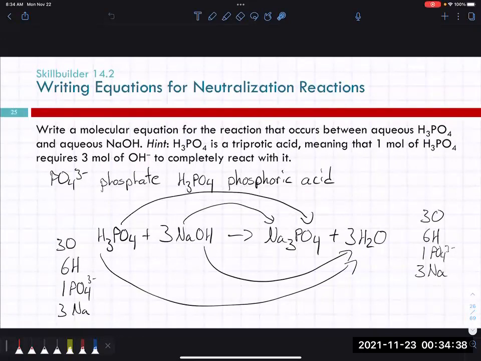If you're given phosphoric acid and sodium hydroxide, then you combine those two, and your salt is going to be the anion of the acid and the cation of the base. And then the other product will be water.